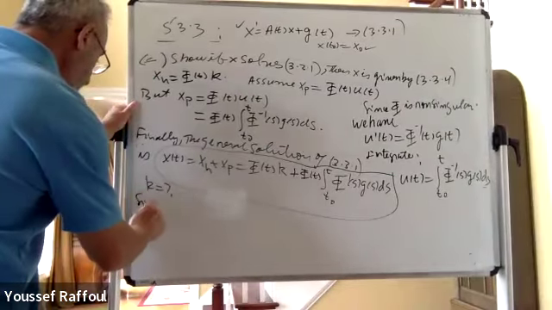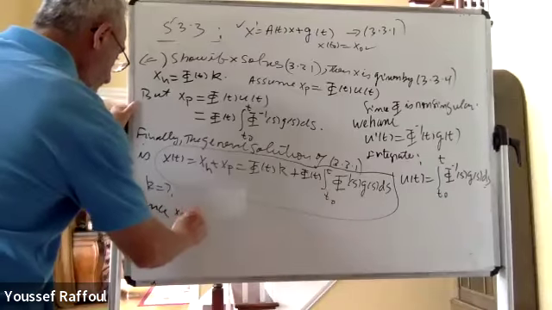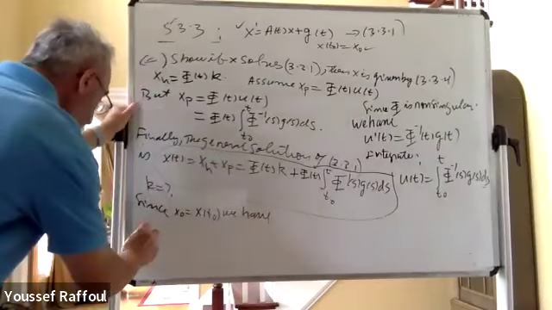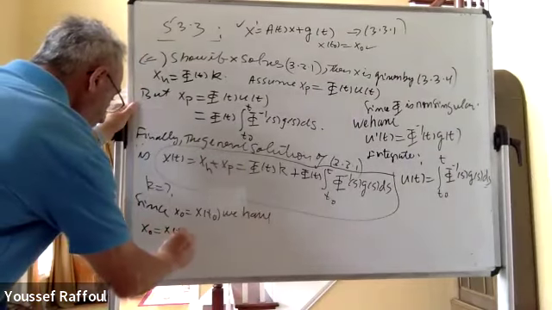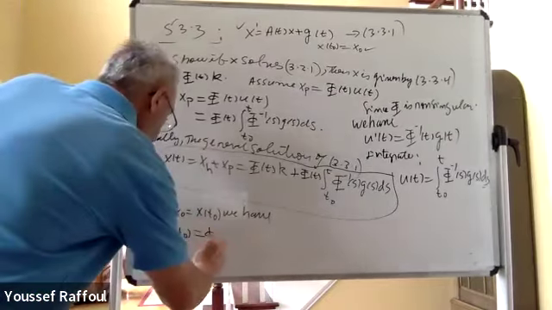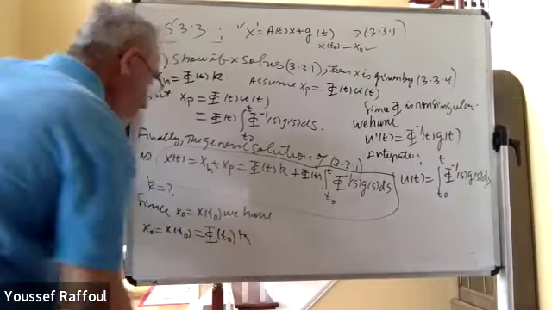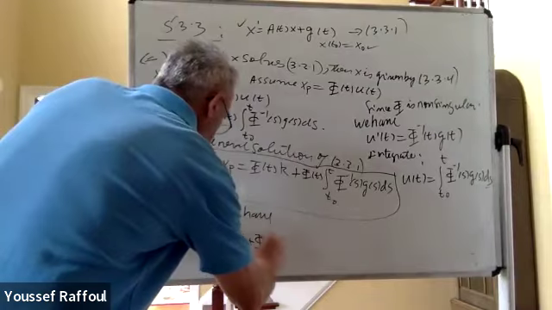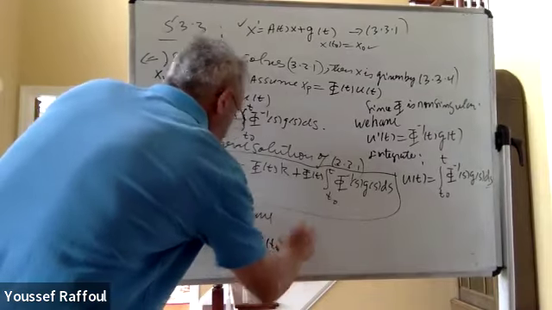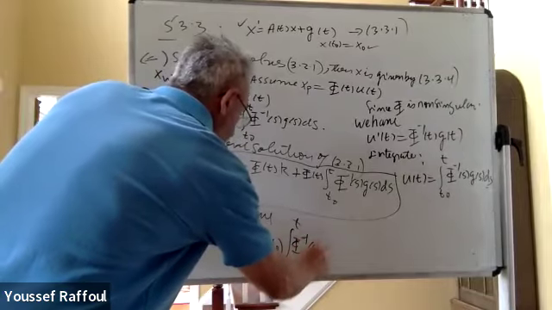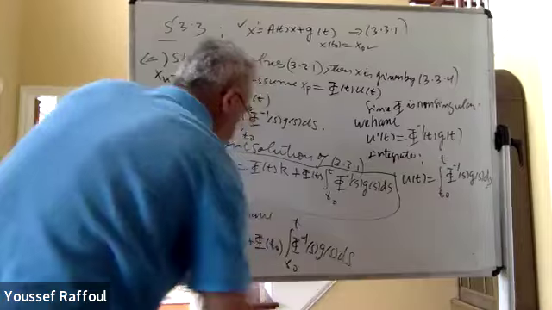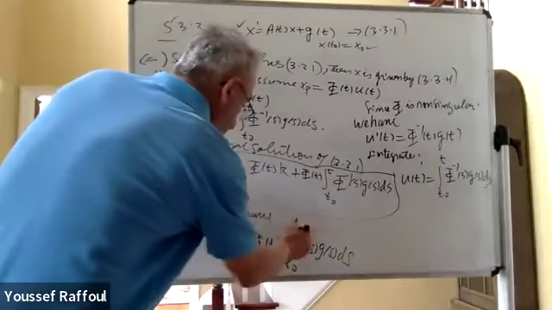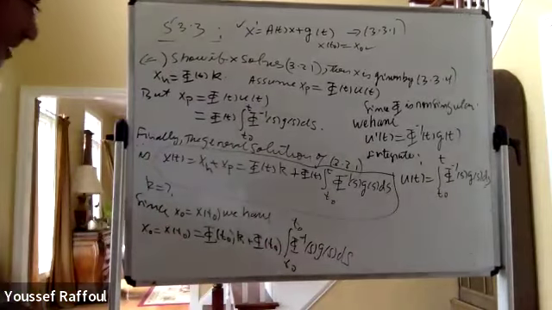Well, since x_0 equals x(t_0), we have put it here. x_0 equals x(t_0) equals phi(t_0) k plus phi(t_0) times the integral from t_0 to t_0 of phi inverse of s g of s ds, because I'm computing at t_0.